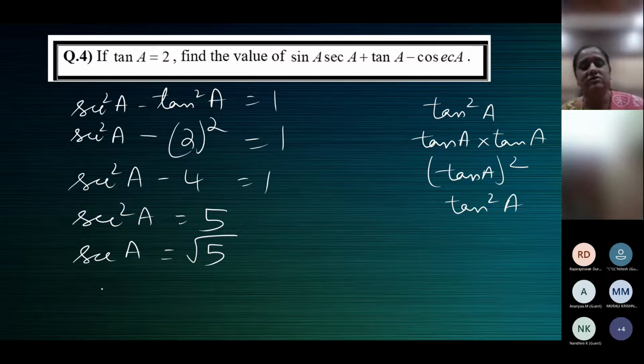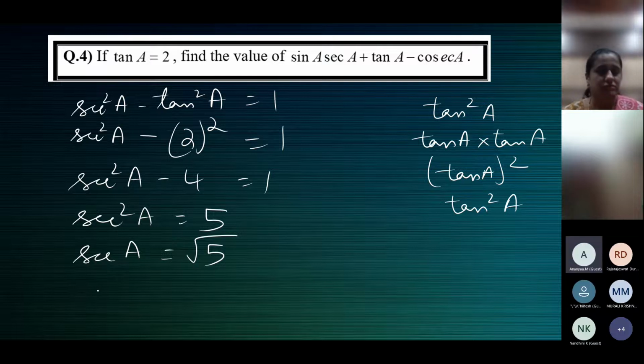Yes, Ananya, you can answer. No, you've learned this chapter in full in school. Please tell me. Cos A. I'm sorry, I can't hear you clearly. Cos A, ma'am. So what's the value of cos A?